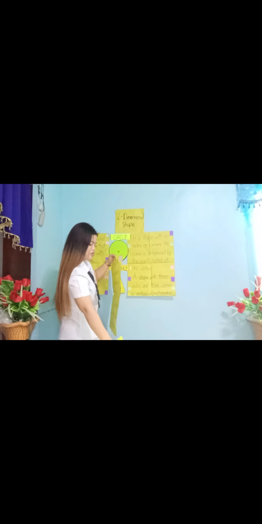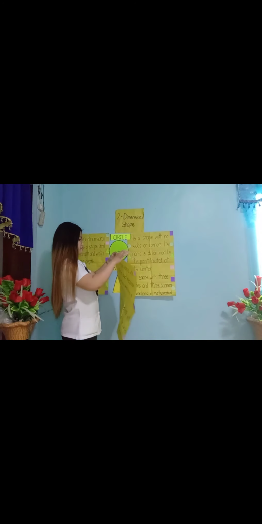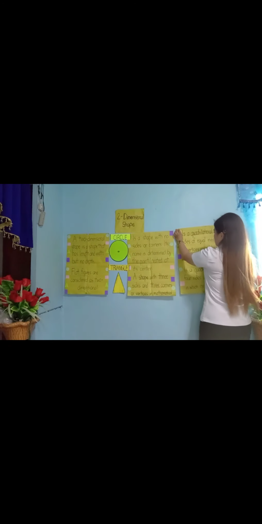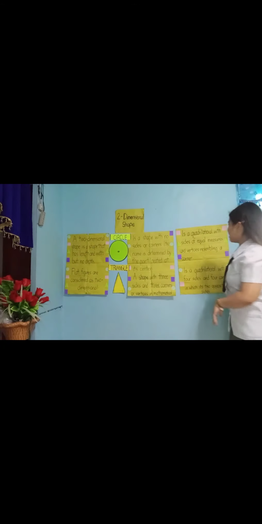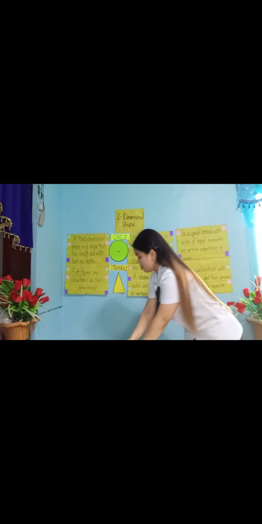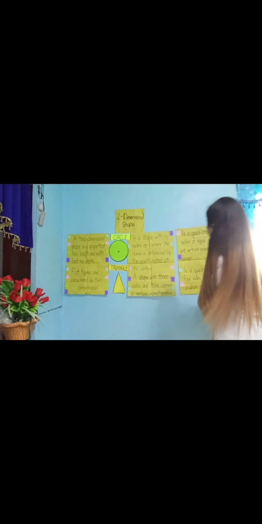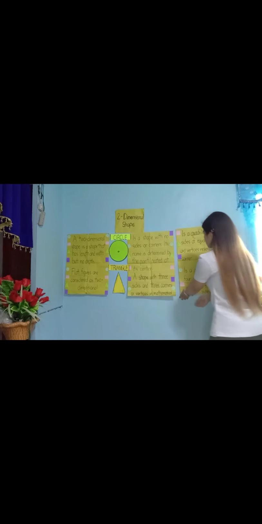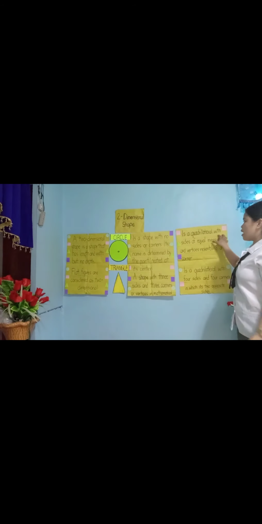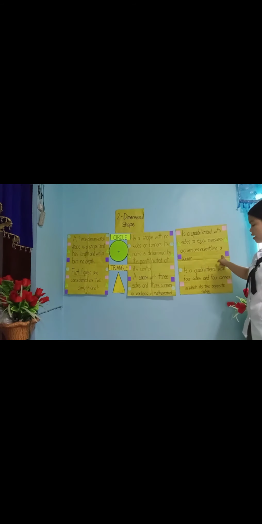The next is a quadrilateral. A quadrilateral has four sides, four equal sides or four equal measures. It has four sides of equal measure and vertices resembling a corner.